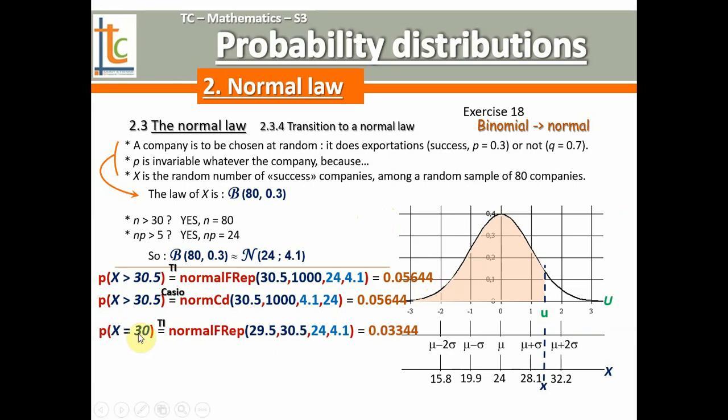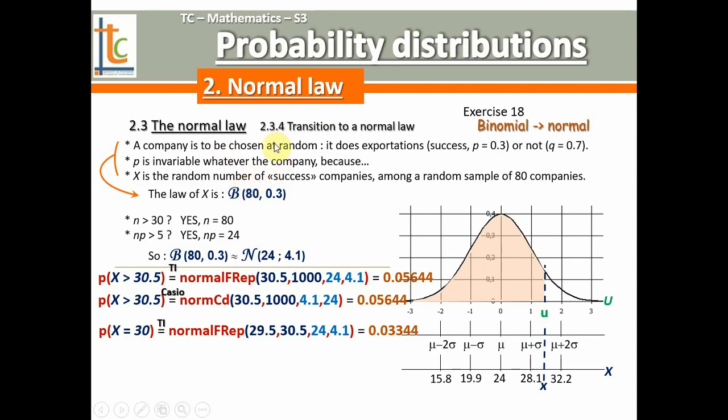Now let's answer the question: what is the probability to have exactly 30 companies that do export inside the 80? To be equal to something is a possibility in a binomial situation. And of course, having 30 successes is a possibility among others.